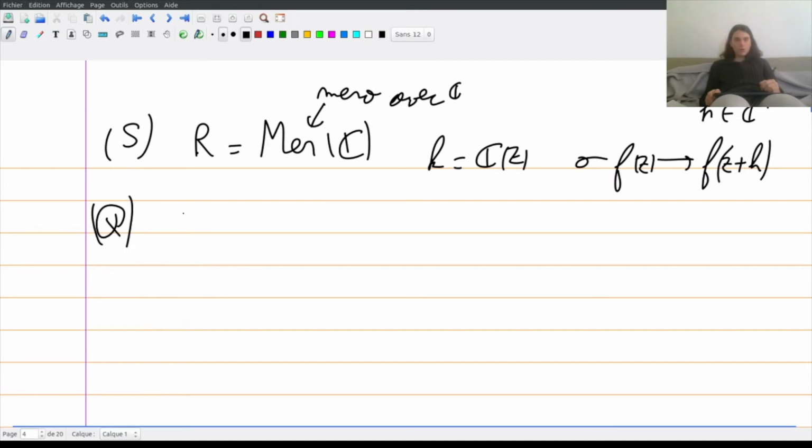The q case: again, you may take the field, this time, of meromorphic functions on C star.